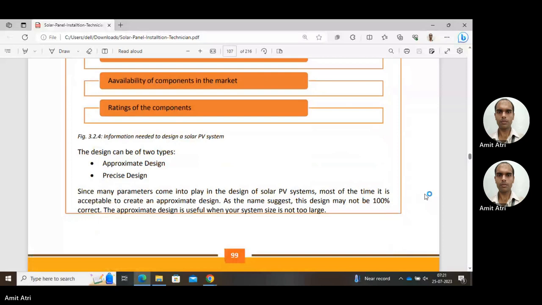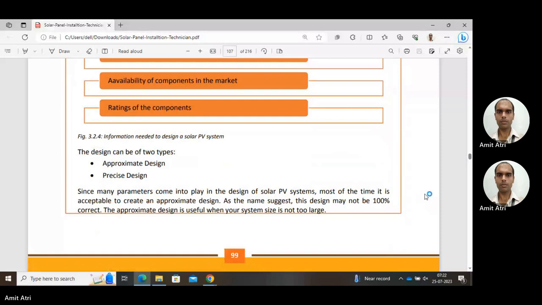Sunlight, the amount of sunlight, is also not constant. For how much time we are getting sufficient amount of sunlight. These types of parameters affect the electricity generated by the solar PV system. So they are changing, sunlight is changing, load is also changing.